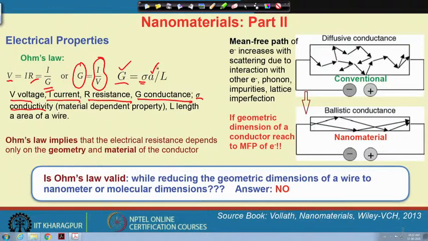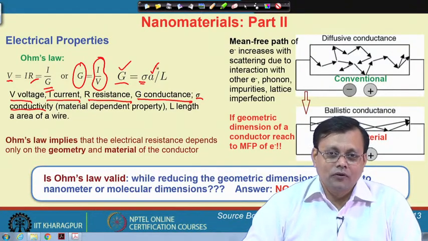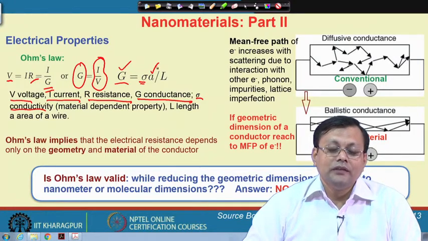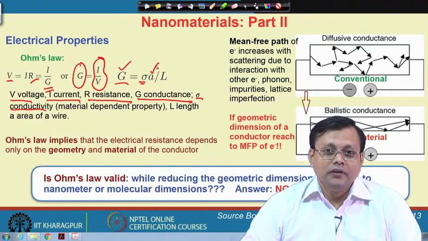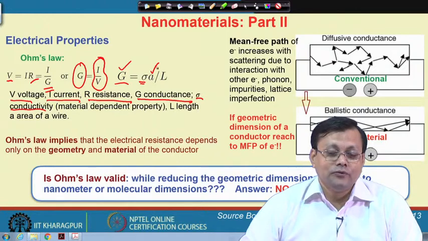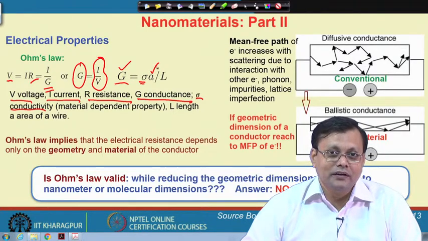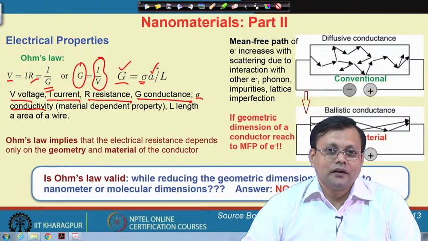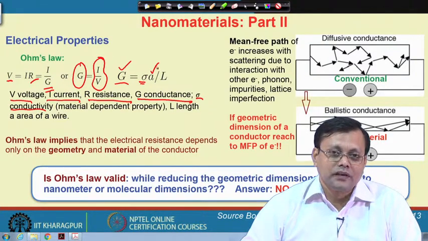So, conductance G is proportional to the area of a wire. If the cross sectional area of a wire increases, then the conductance also increases. As well, if you increase the length of a wire, then the net resistivity will increase, because the electron has to pass through a long path and it will interact with structural defects in the wire, and therefore the mean free path will be affected.